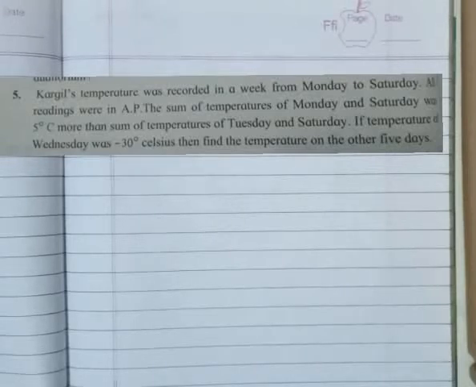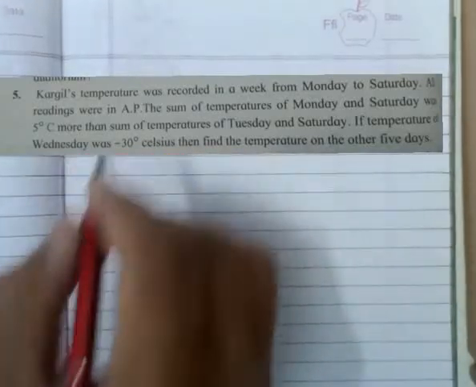If the temperature of Wednesday was negative 30 degrees Celsius, then find the temperature on the other 5 days. Note that the given sequence is an AP.